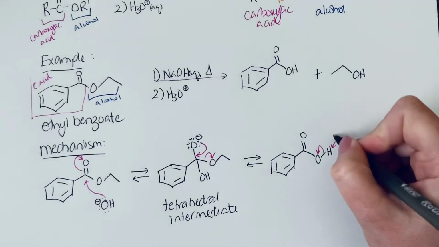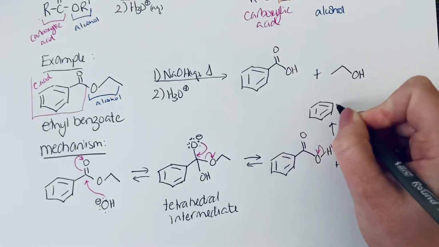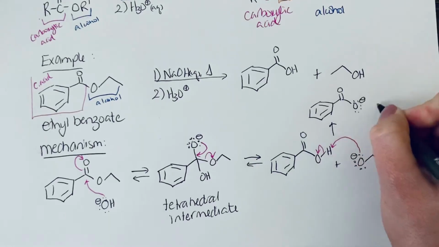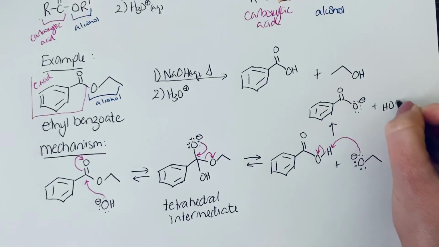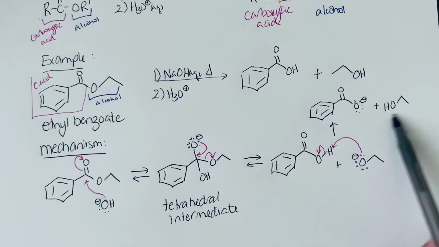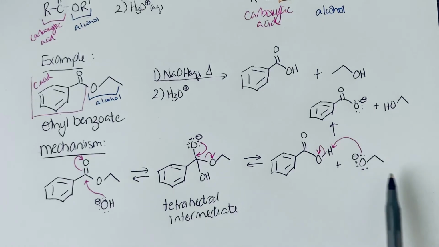So this is going to give you the carboxylate, and I chose to use the ethoxide as my base just to conveniently get that ethanol. Again, depending on how much hydroxide you have in your solution, you could easily draw this with hydroxide as well, and I don't think that you would be wrong. It's just whatever base is going to get there first.